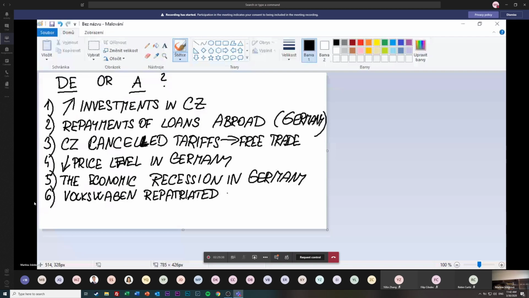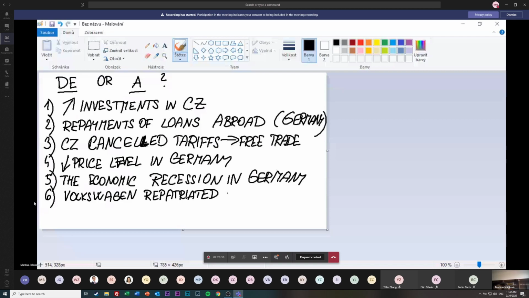So if there is increase in investments in the Czech Republic, foreign direct investments, for example, foreigners are coming into the Czech Republic massively. That means they have foreign currency, but they need to buy land here and hire people and build factories.